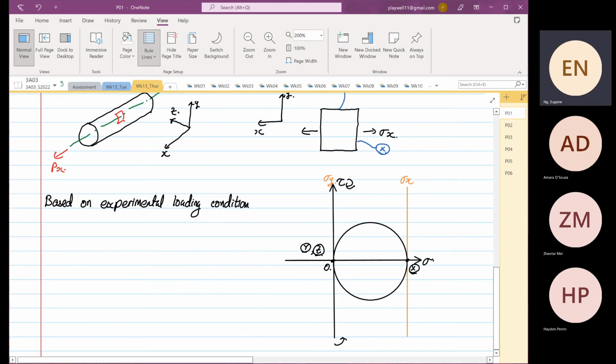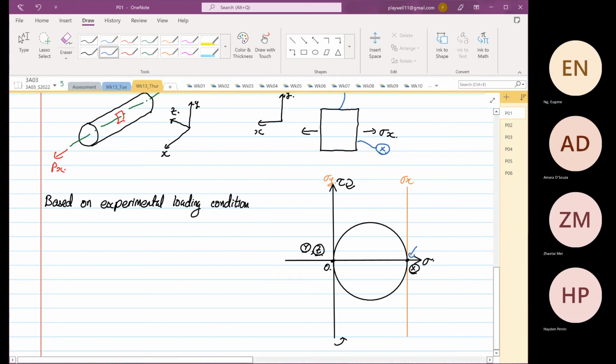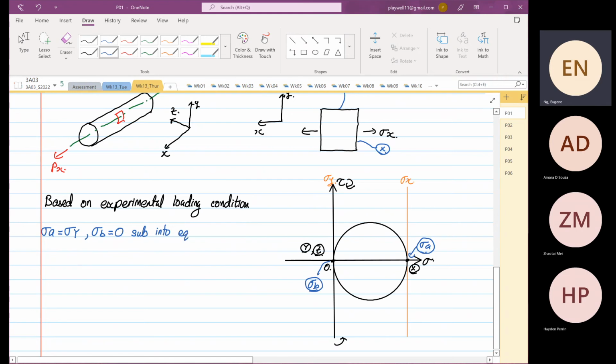We can call this point our stress A, and over here this point is our stress B. So when stress A is equal to stress capital Y, and stress B is equal to 0, we're going to substitute into equation number 1, and I'm going to declare stress capital Y is our U strength.